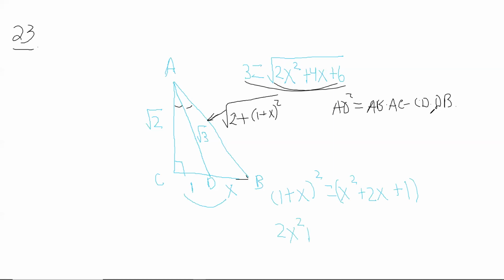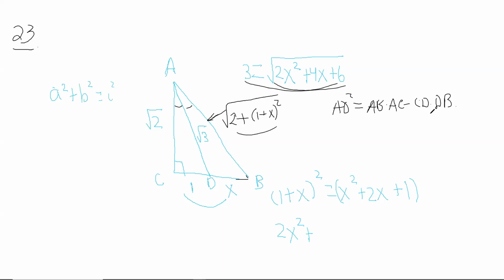Hold on. Why do you multiply this by 2? Because A squared plus B squared equals C squared. Oh, sorry, I added 2. Sorry about that. Oh, I see. A squared plus B squared, that's this one. Yes.